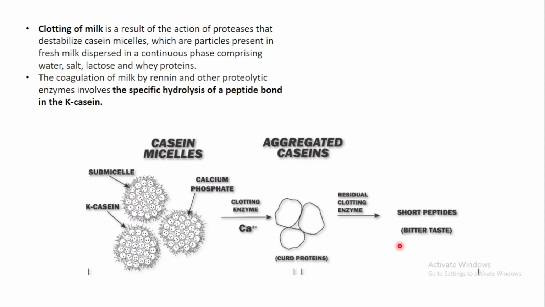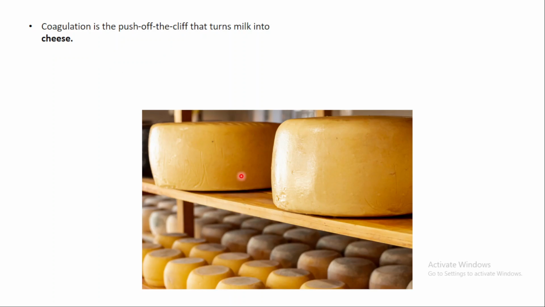So this process has a huge application in the dairy industry. Where does it get used the maximum? Coagulation is the push of the climb that turns milk into cheese. So this milk clotting process has a huge implementation in the cheese industry. These are cheese wheels, big wheels of cheese that are made in fermentation rooms and milk coagulation rooms.